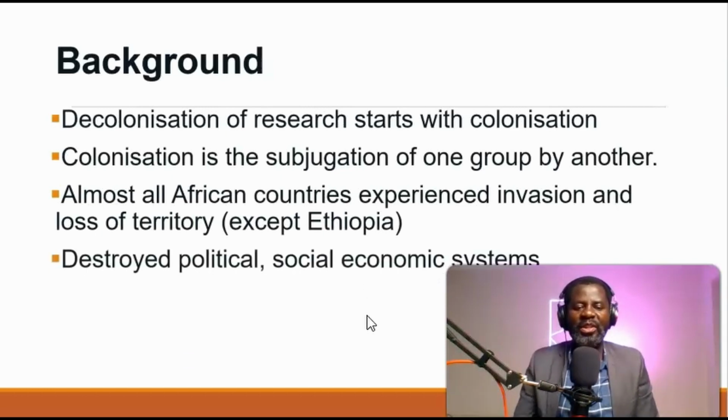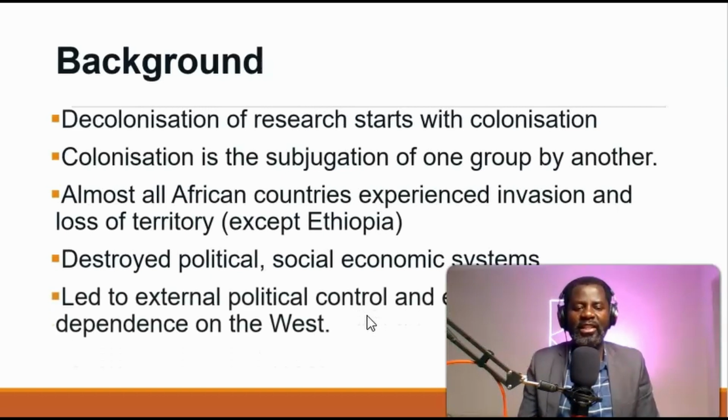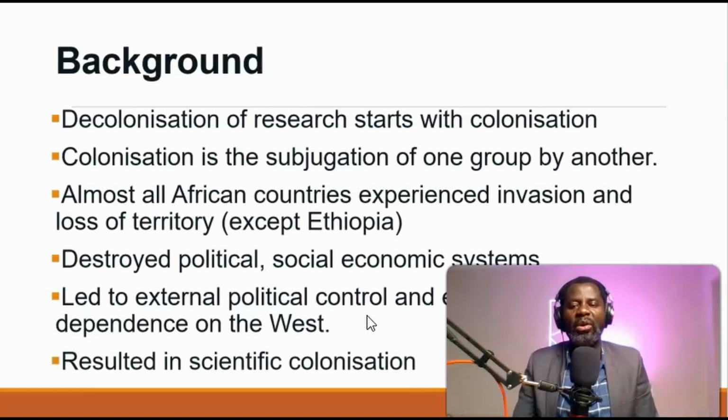Colonialism destroyed political and socio-economic systems that were used prior to the coming of Europeans to Africa. It led to external political control and economic dependence on the West. So most African countries depended on the West to provide everything. This process, the process of colonization, resulted in scientific colonization.